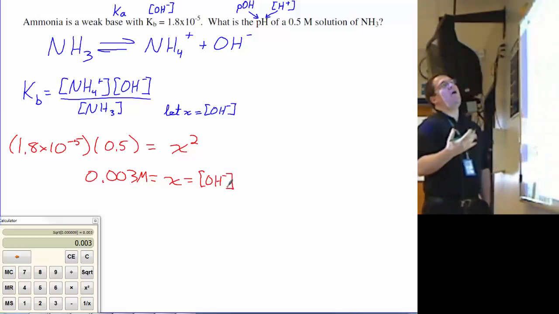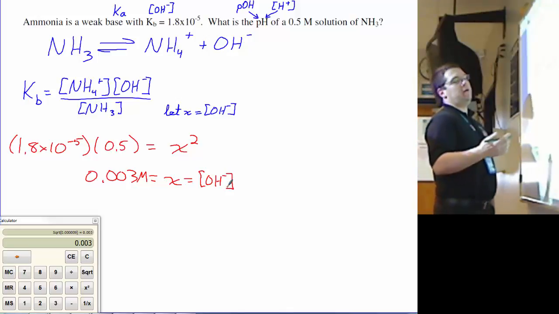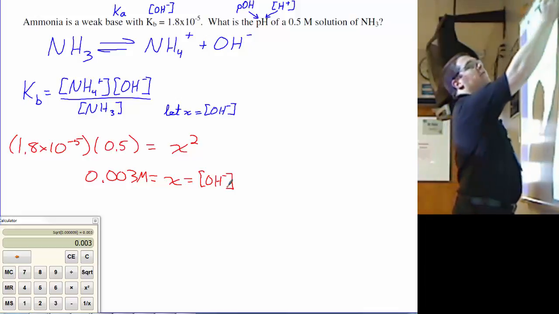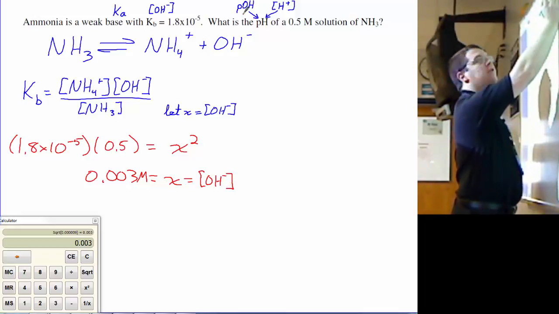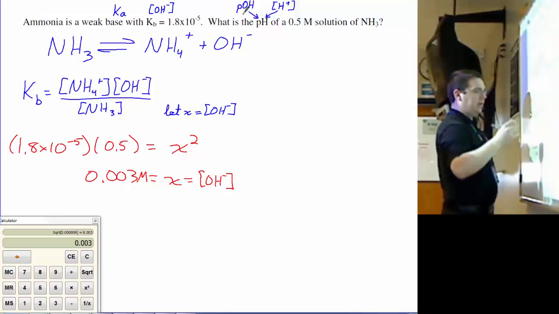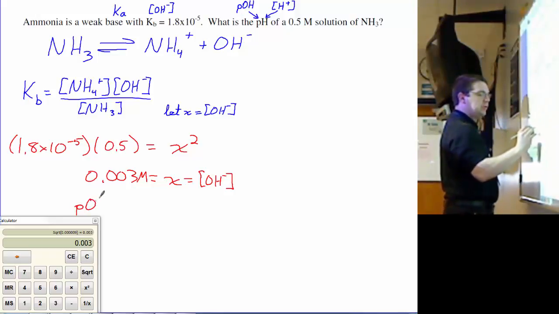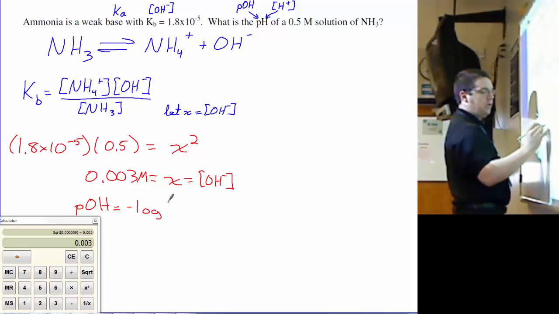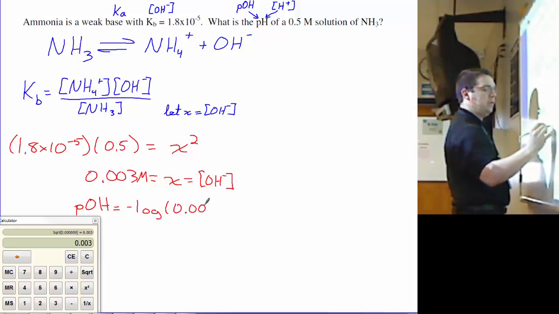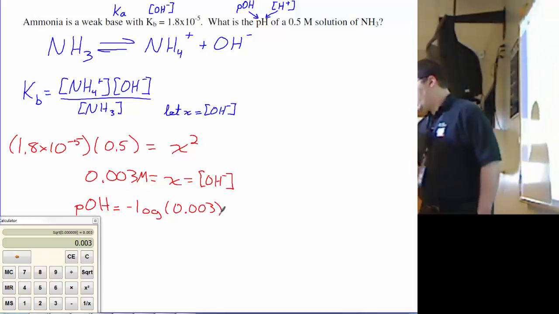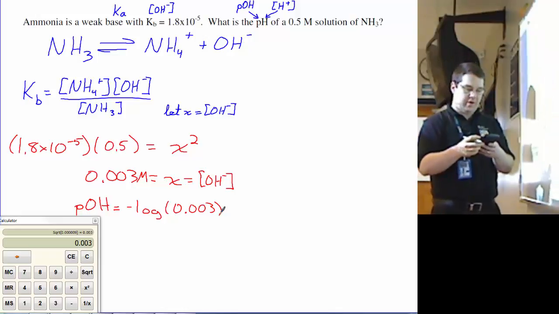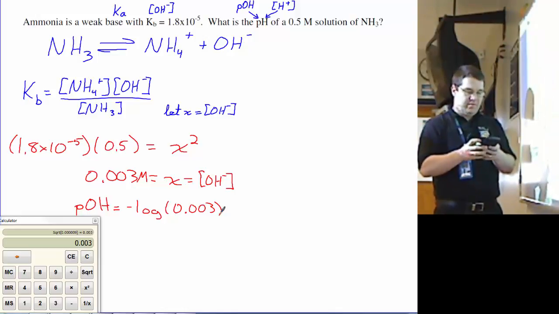Now I've got some options here. If I know the hydroxide ion concentration, I can figure out the pOH. And if I know the pOH, then it's a matter of subtracting that from 14. So let's go that route. To find pOH, we're going to take the negative log of 0.003.